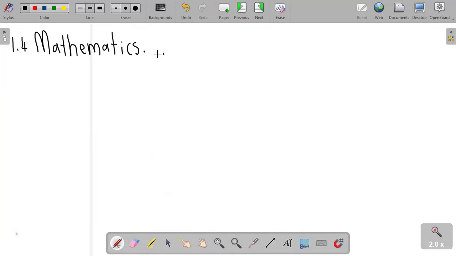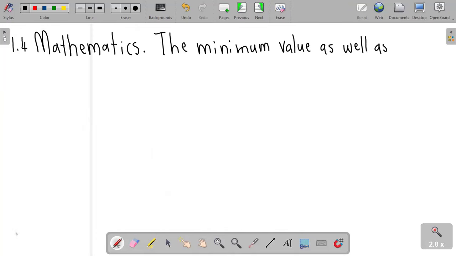The reason is the minimum value as well as the median. Oh no, it's science, sorry.